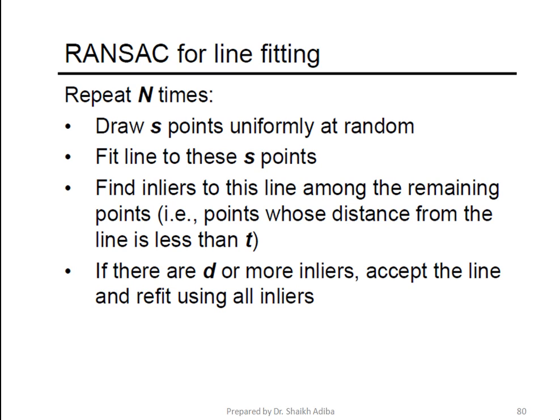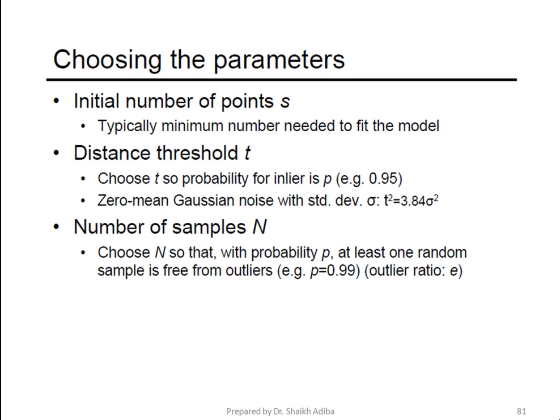This is how we keep on doing this in order to fit all the inliers. But the points whose distance is greater than the t value we have selected, we simply reject them as outliers.